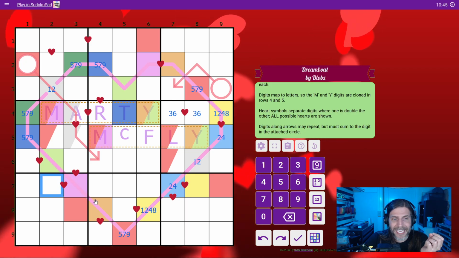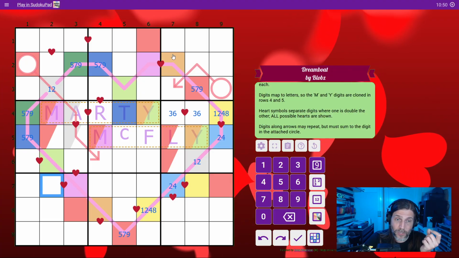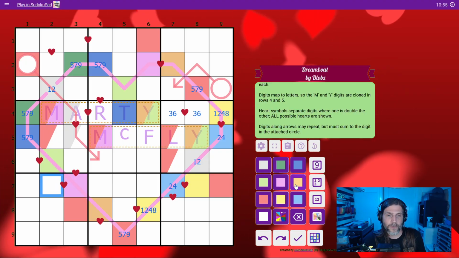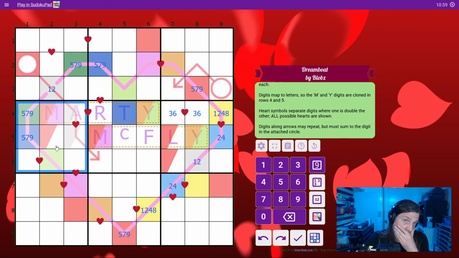So either pink is monogamous and only sees orange, or pink can see orange and blue, but then it couldn't be here. So I think this is always orange. So where is orange in here?